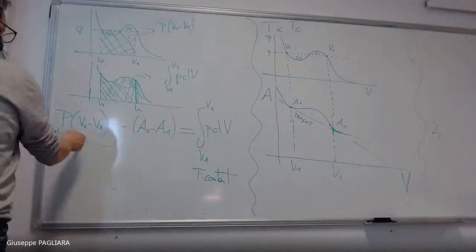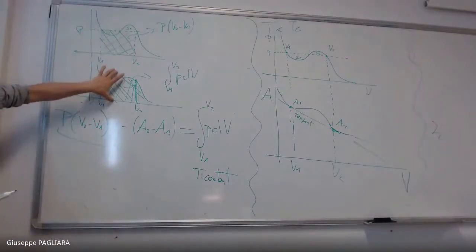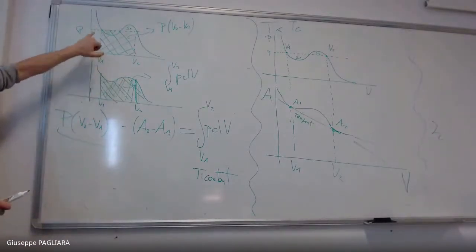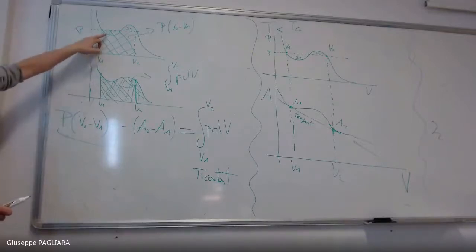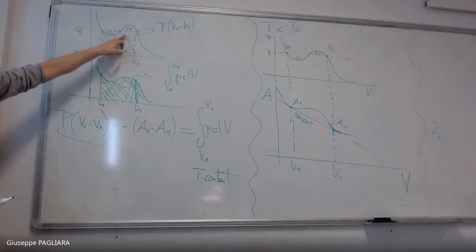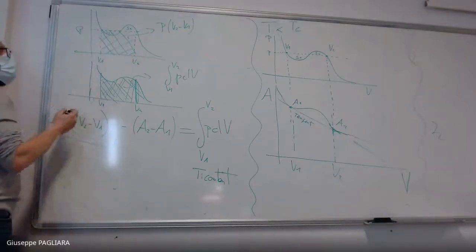Now, this equation is telling me that this area is equal to this area. And you see graphically that in order for this to be true, S1 must be equal to S2.